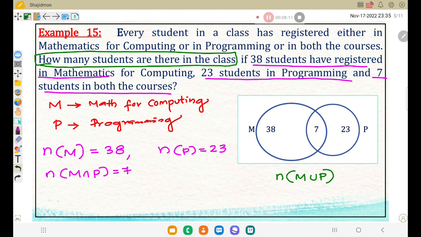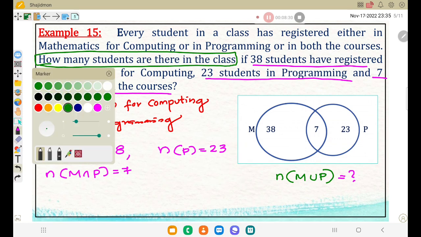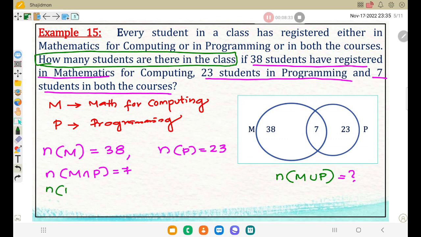The number of students in both courses means they are studying math for computing and the programming course, the intersection. Number of M intersection P equals 7. So what is the number of M union P? That is the question. We have the rule for that: number of M union P, like number of A union B, correct? By the principle of inclusion and exclusion, number of M plus number of P minus number of M intersection P, correct?